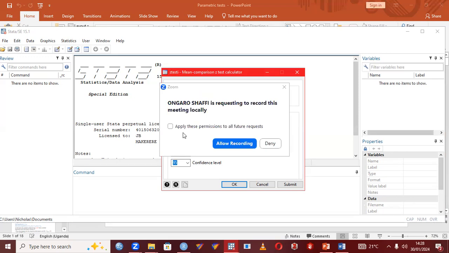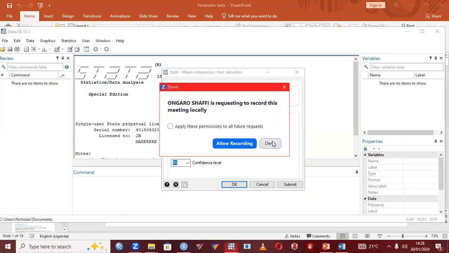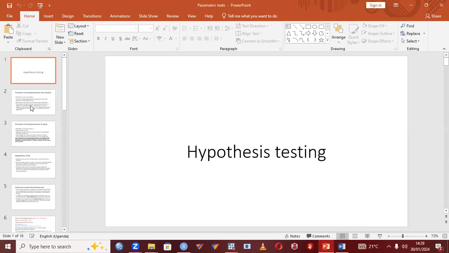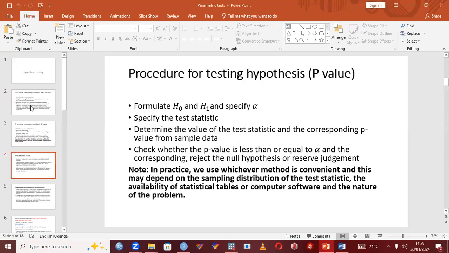We're supposed to use Z alpha divided by two, because in the null hypothesis it says equal. That was my question: do you use Z alpha over two or Z alpha? Remember, we said that, let me show you.